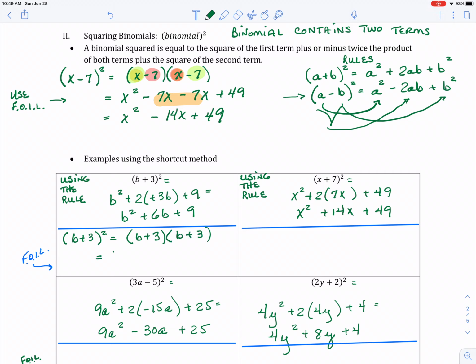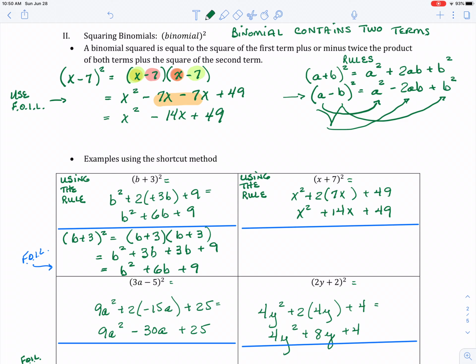And then I do first times first, outer product, inner product, and last times last. All right, so you see how that ends up. And some of you may want to just do that all the time.